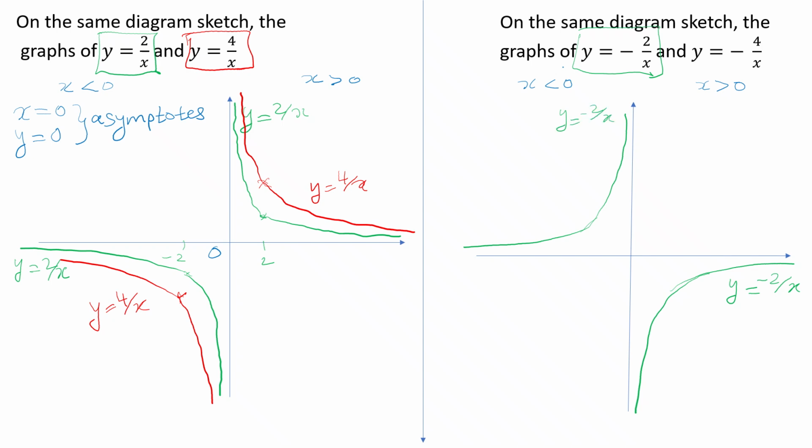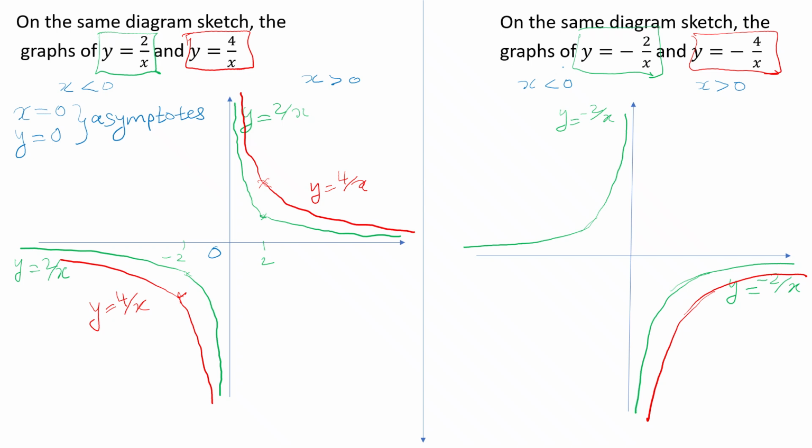Now I'm going to draw the second graph, red line. You can see when x is positive, y value is negative but double. So the graph is outside the green graph, like this way.